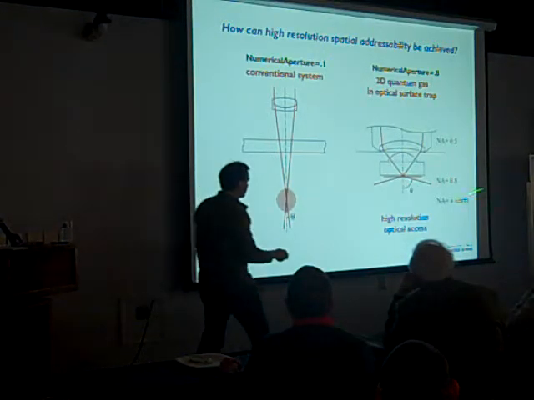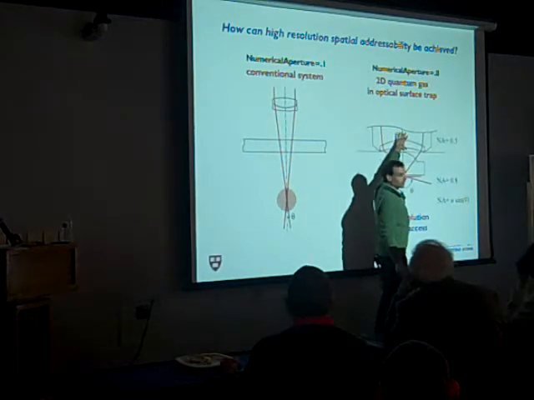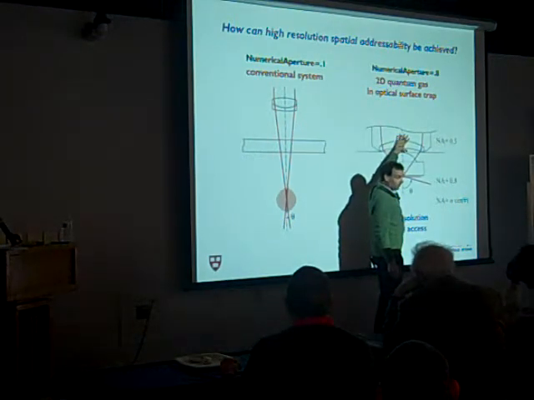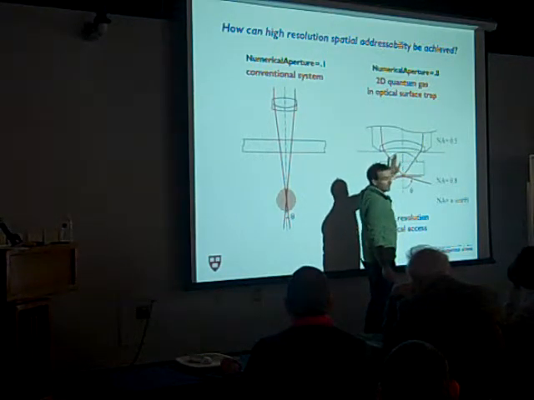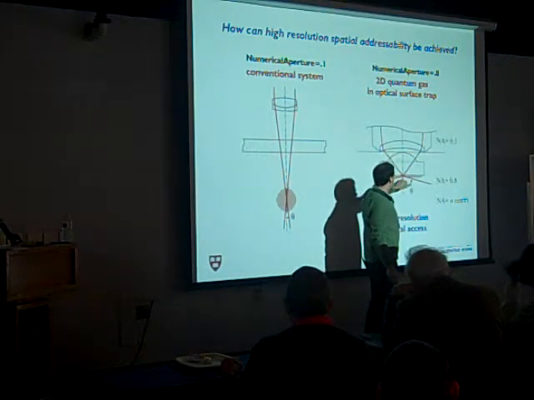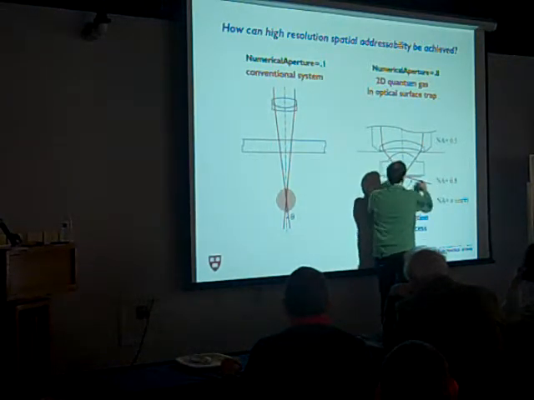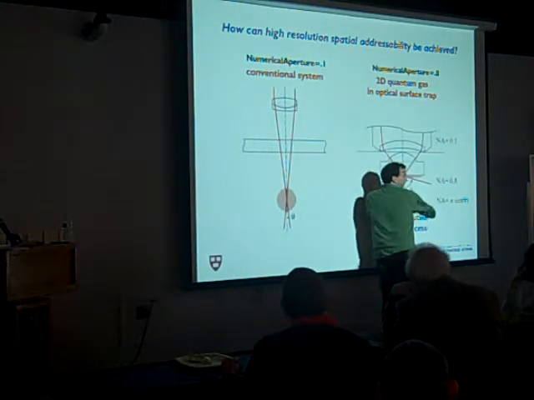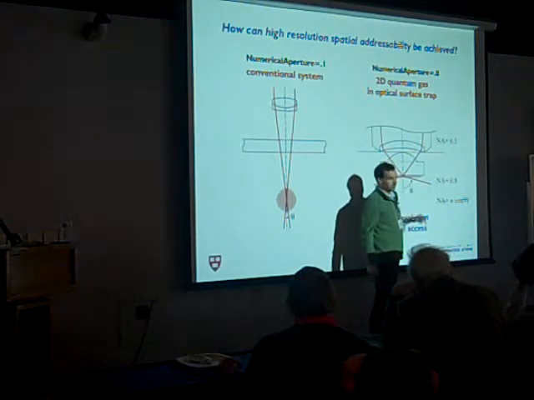Here we have an effective, very large aperture because we have a large aperture lens outside our vacuum chamber. And then in addition, we have a hemisphere in the vacuum chamber. So in the end, we can image a numerical aperture that corresponds to a light cone covering all these angles. So we now have a very high optical resolution.